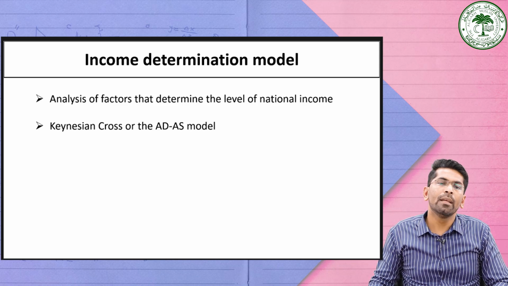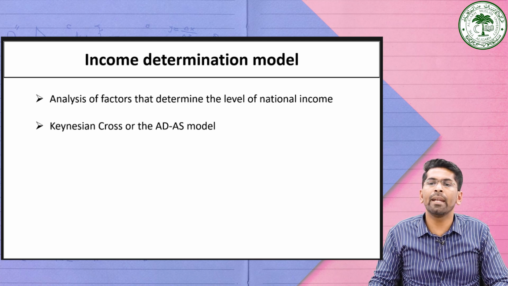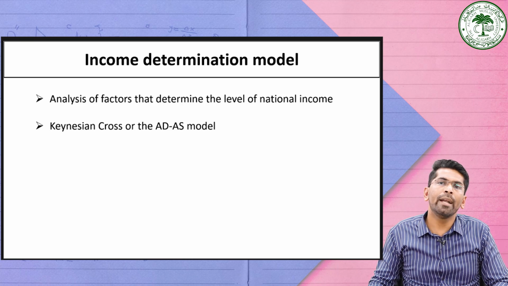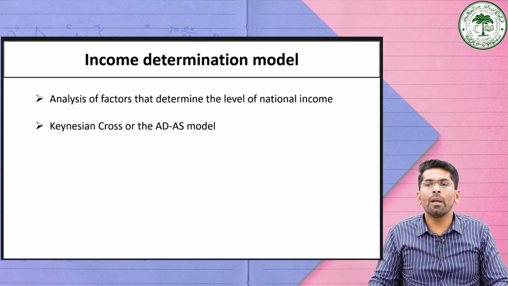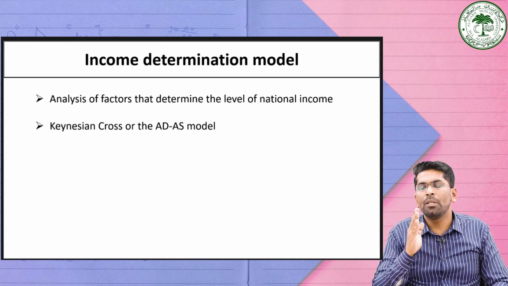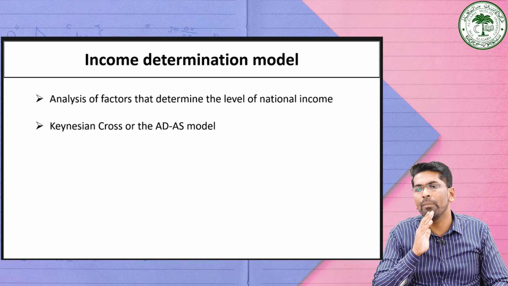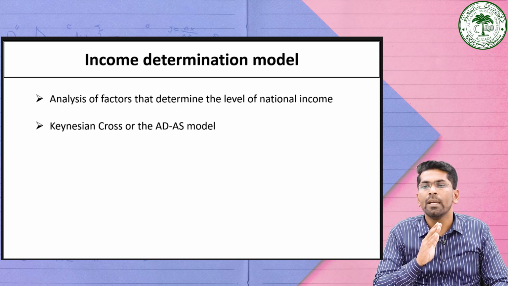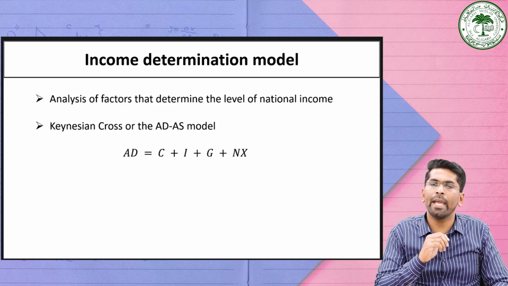This model focuses on the relationship between aggregate demand and aggregate income, that is, total spending and total output. The model starts with the basic identity that total spending in an economy, that is aggregate demand, should be equal to aggregate income, or total output. What are the various components of aggregate output?